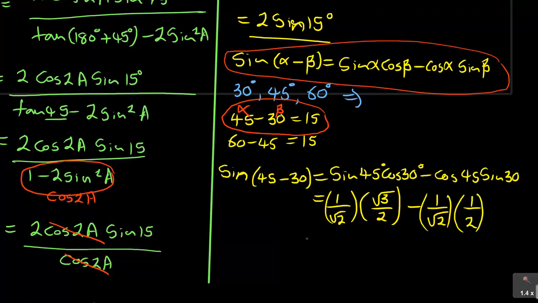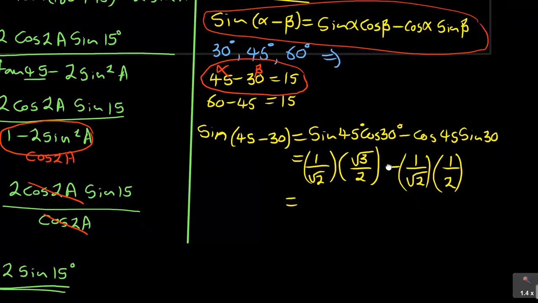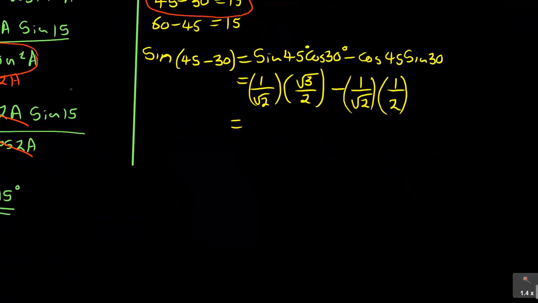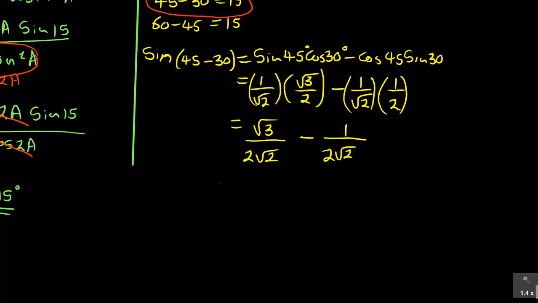So now we want to simplify that. 1 times root 3 will be root 3 over 2 root 2, which is 2 times root 2, minus 1 times 1 is 1 over 2 root 2. Now the common denominator here is 2 square root of 2. So what you have there on top will be root 3 minus 1.